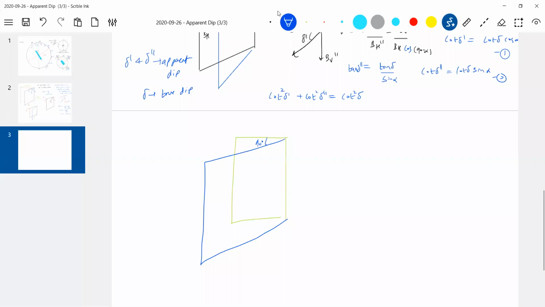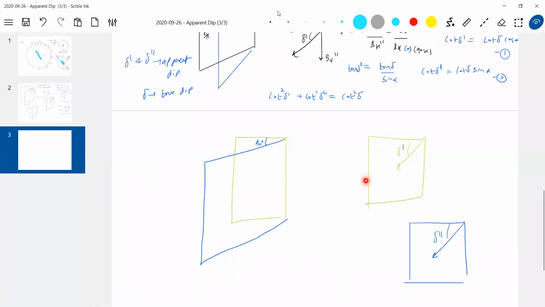In the green color plane, what you measure is the apparent dip, delta dash. In this violet color plane, what you measure is another apparent dip. Is it a true dip? No. I'll make the dip circle lie in this plane and measure delta dash, the apparent dip. Then I'll make it lie in this other plane. So what is the relation between these two?